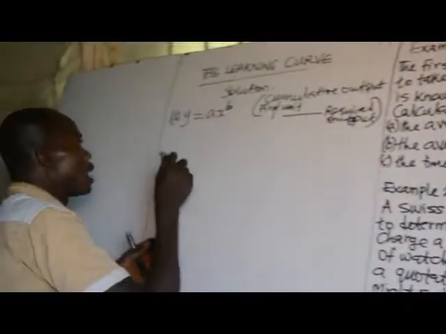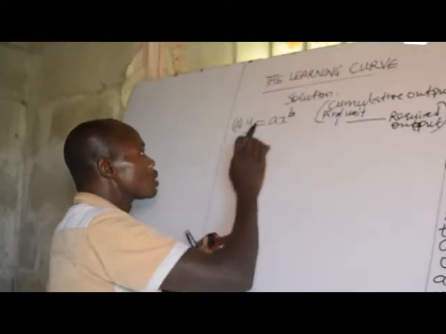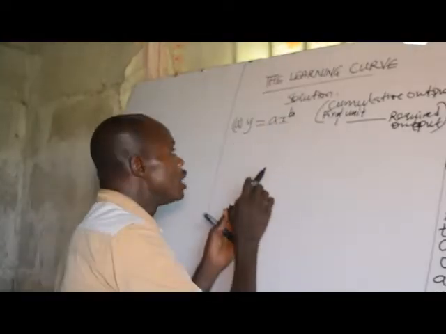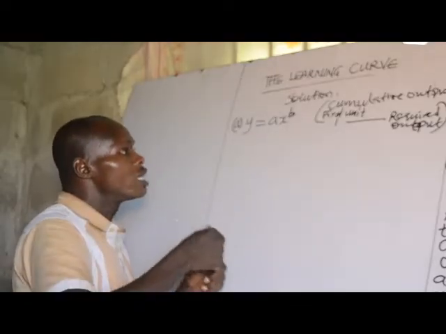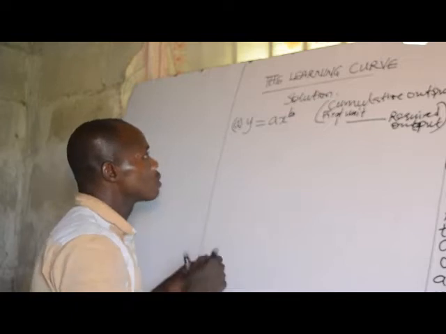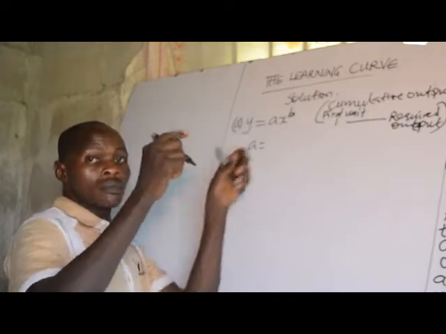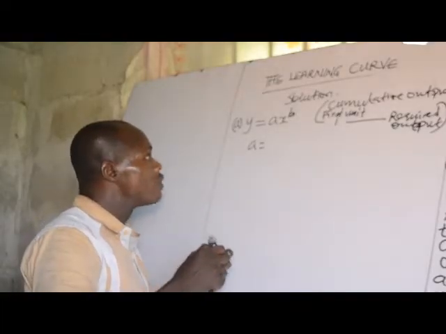Now back to the formula. y is the average time of a defined cumulative output. That means if you calculate the value of y, it will give you the time to produce a unit in the cumulative output of 16. a is the average time of producing the unit in the first batch.